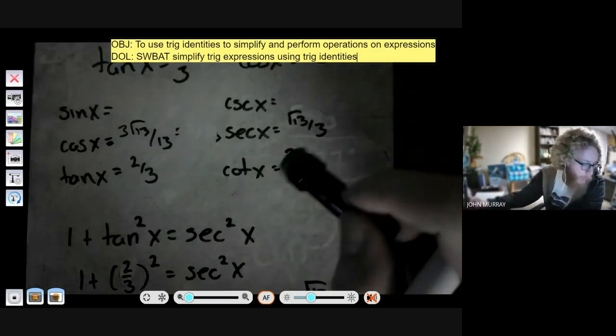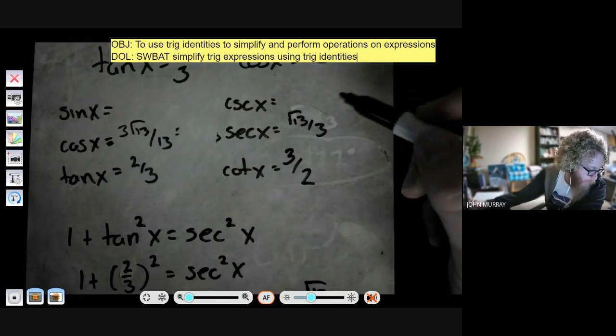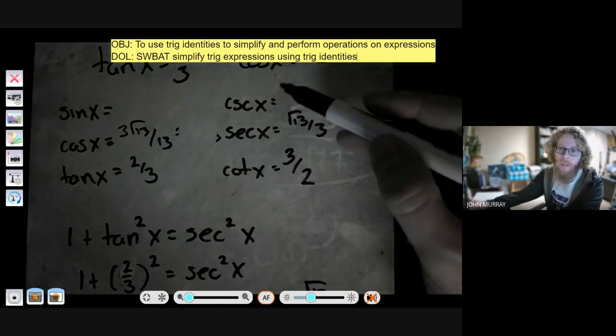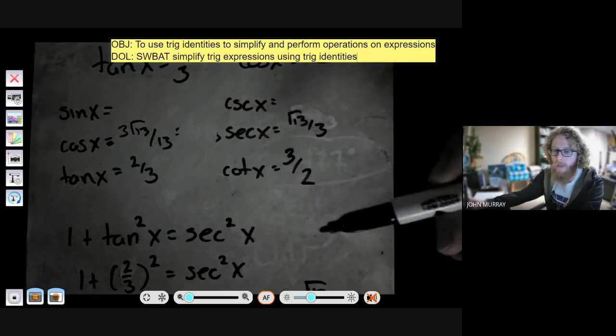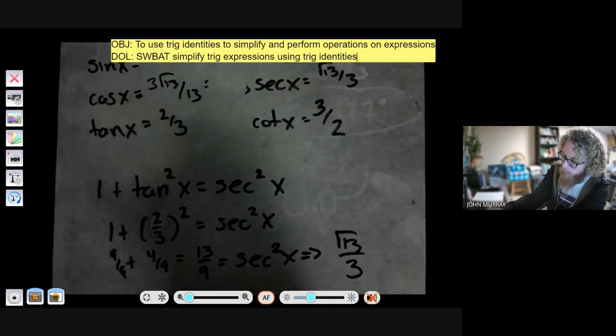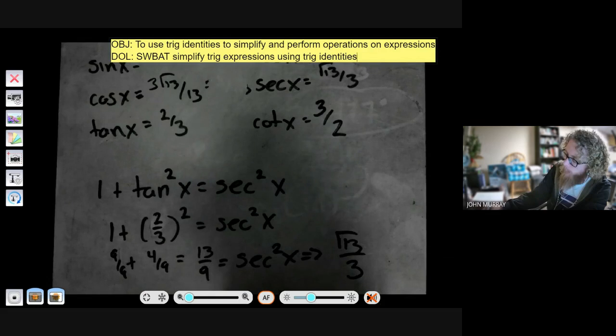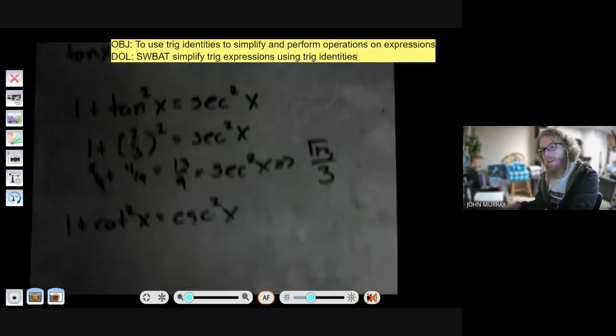So now we have a few different ways to get sine and cosecant. I could get cosecant using a Pythagorean identity with cotangent. So let's do that. So my other Pythagorean identity is 1 plus cotangent squared equals cosecant squared.